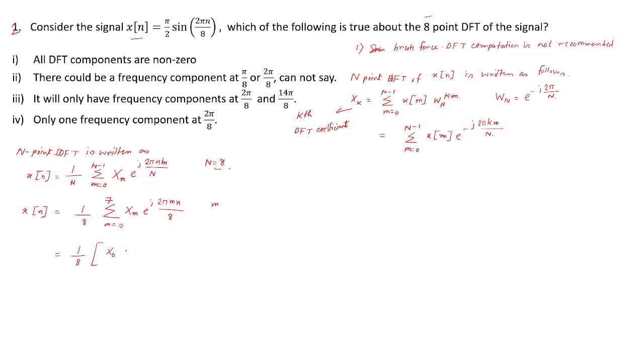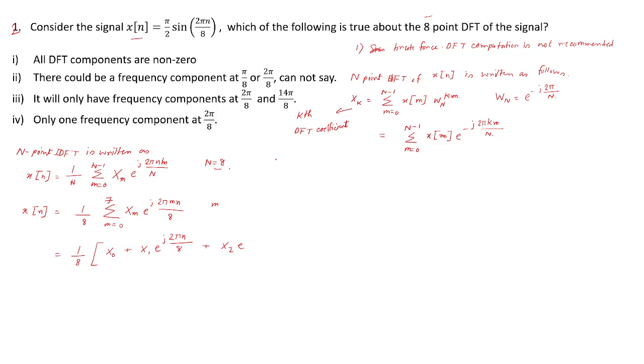The first DFT coefficient corresponds to X[0], where the exponential just vanishes. The second one corresponds to a frequency of 2πn/8. Similarly, the next coefficient.